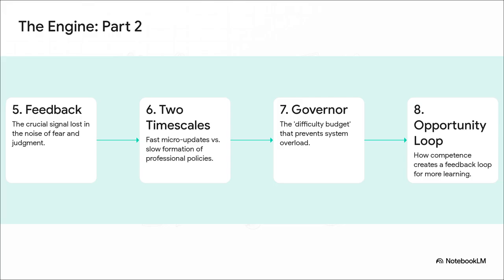This all happens on 2 different timescales, the quick, in-the-moment corrections, and the slow burn of forming professional habits. Then you've got the governor. This acts like a circuit breaker, managing the difficulty budget so the whole system doesn't just overload and shut down. And finally, the transfer and opportunity loop is where a student's competence either opens up doors to more learning opportunities, or their struggles shut those doors down.